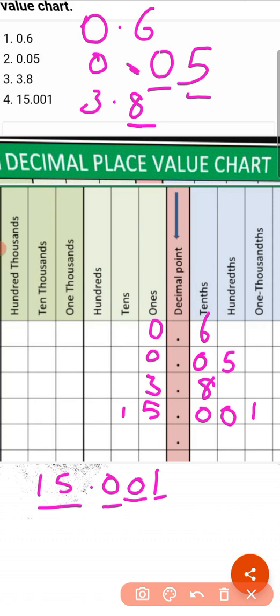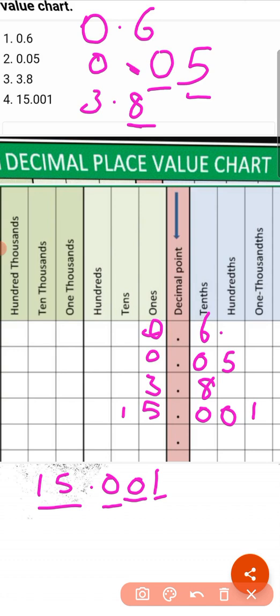So in the first number, only the tenths place. The whole number part is 0, so at the ones place 0 and tenths place 6. And in the second number, 0 in the ones place, and in the decimal part 0 in the tenths place and 5 in the hundredths place. Now 3.8, 3 at the ones place and 8 at the tenths place.